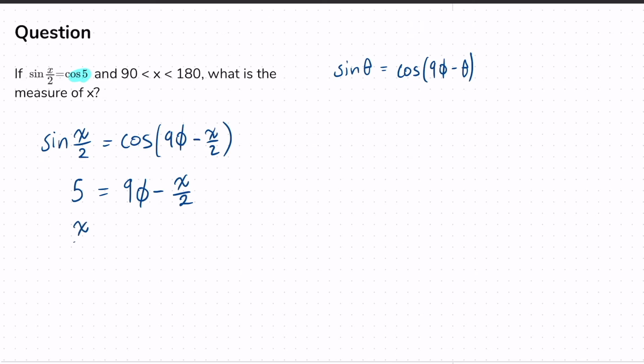So we add x over 2 to both sides, subtract 5 from both sides, multiply by 2, giving us 170 degrees. Now this is good because it satisfies this here, it's between 90 and 180.